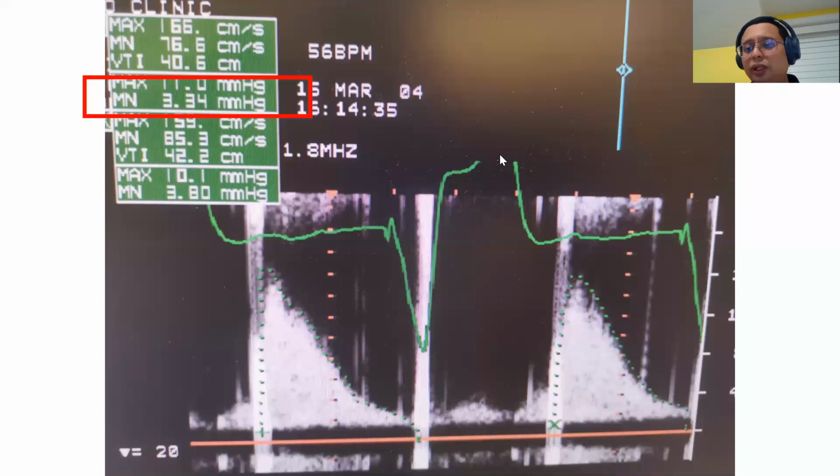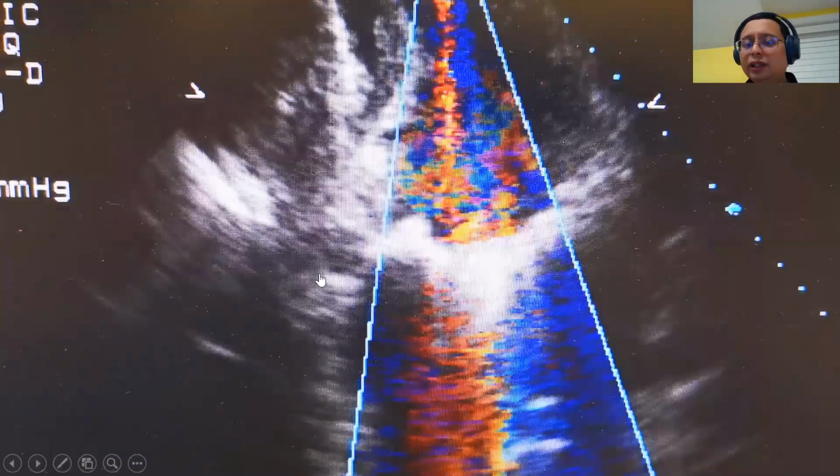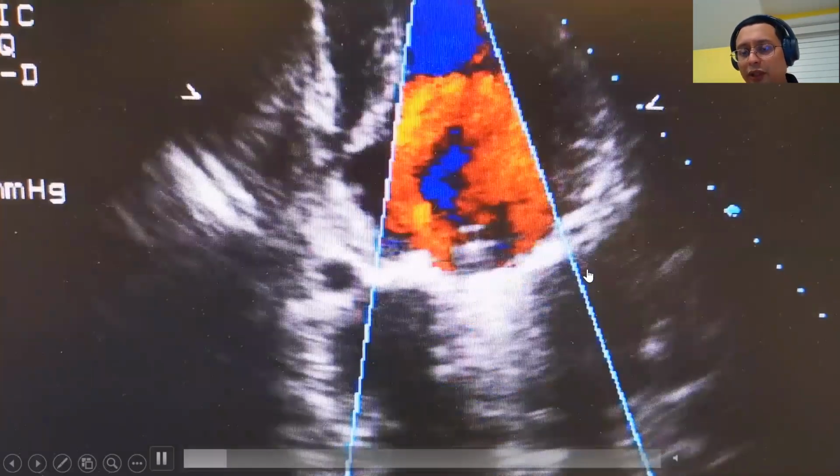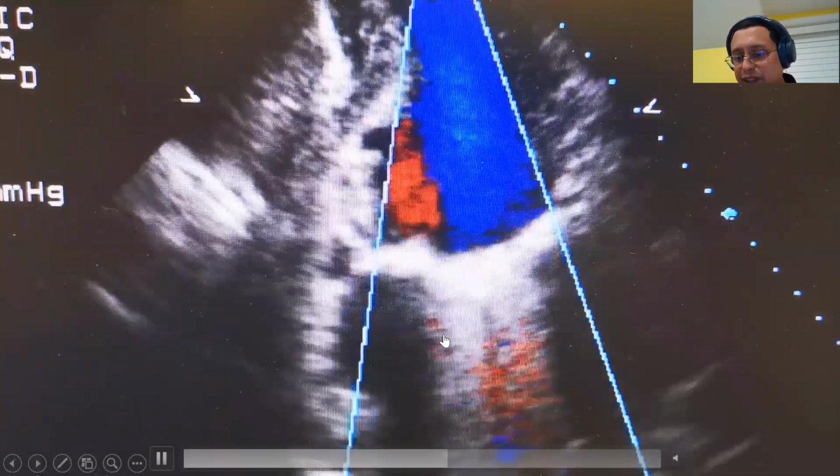Just looking at the mean gradient across the mitral valve, I already know that this is a normally functioning valve. Furthermore, look at the maximum E velocity. You can see that it's 1.6, less than 1.9 meters per second. Looking at the two-chamber view, the problem with a prosthetic mitral valve is this shadowing here.